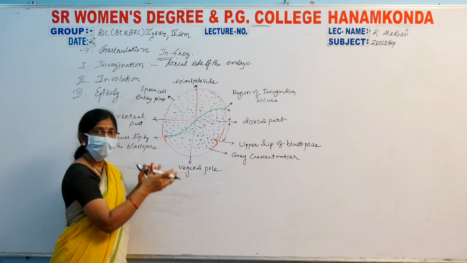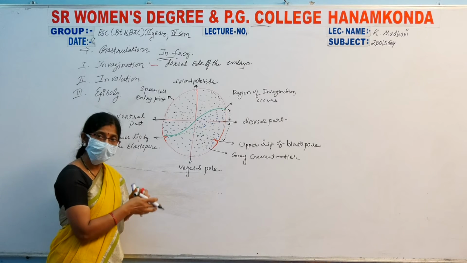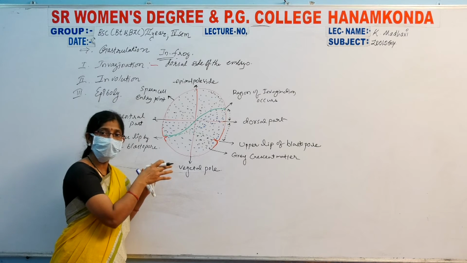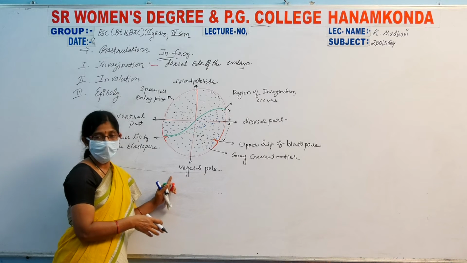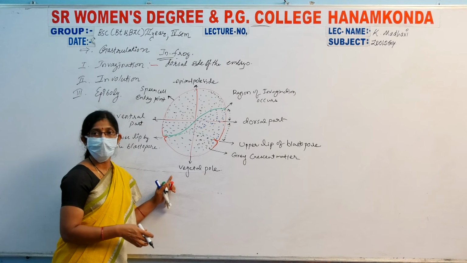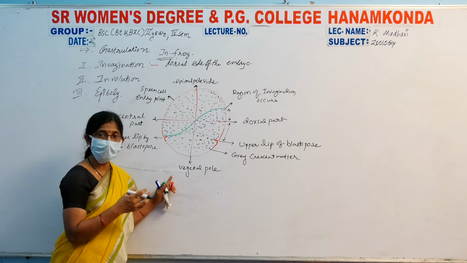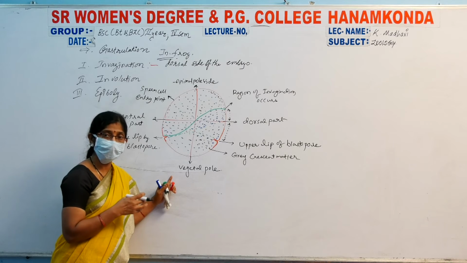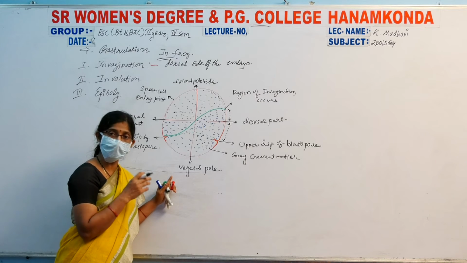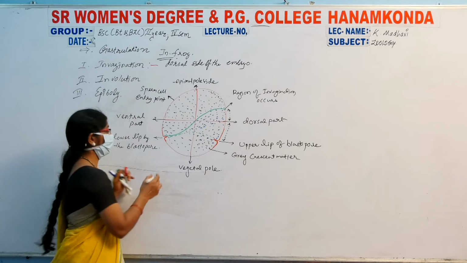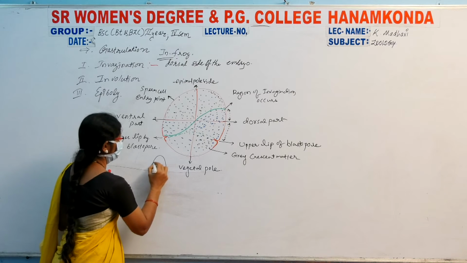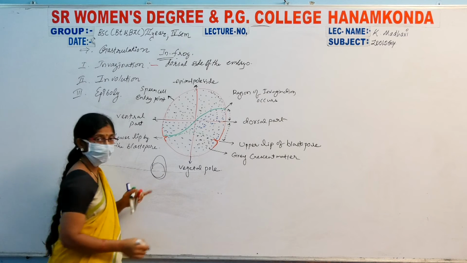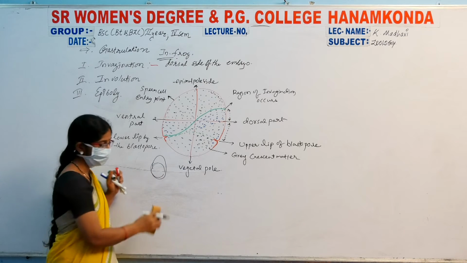The highly concentrated yolk slowly settles down at the vegetal pole. In birds, the egg contains high amounts of yolk. The yolk only settles down at the vegetal pole. Like this one, right? Okay.